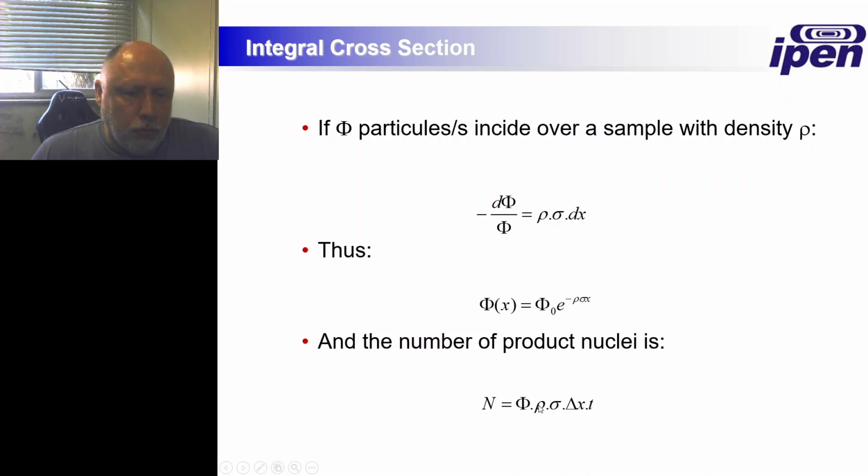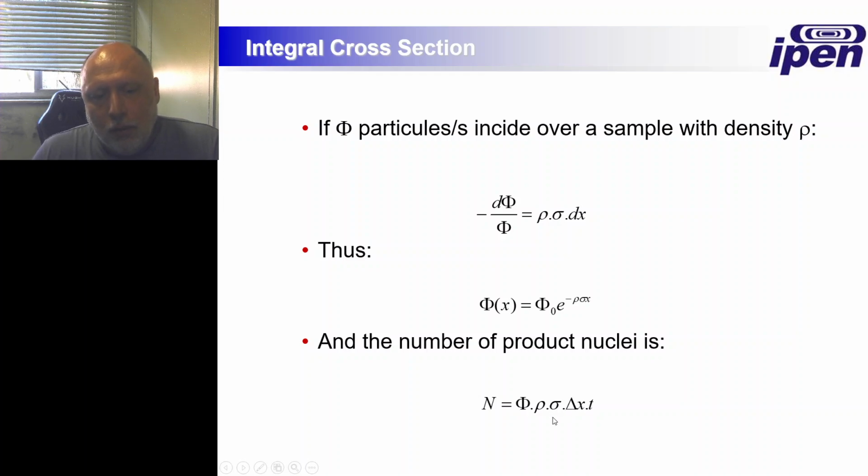It's proportional to the density. Once again, if I have double the number of nuclei in the target, I have double the reactions. To the thickness, same reason. To the time, because the longer I irradiate, the more nuclei I will produce, and it's directly proportional to the cross-section too.